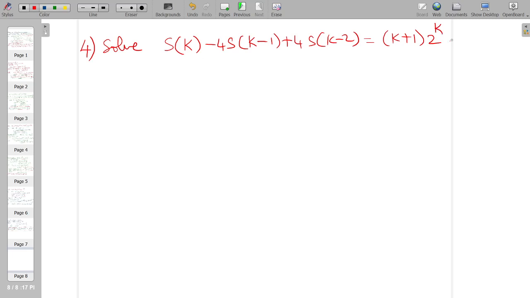Previously we had in the right hand side a polynomial, or a function of the form a^k. Now you have a product of these two, (k plus 1) into 2^k. The procedure of course is going to be the same. Let us see how we solve it.